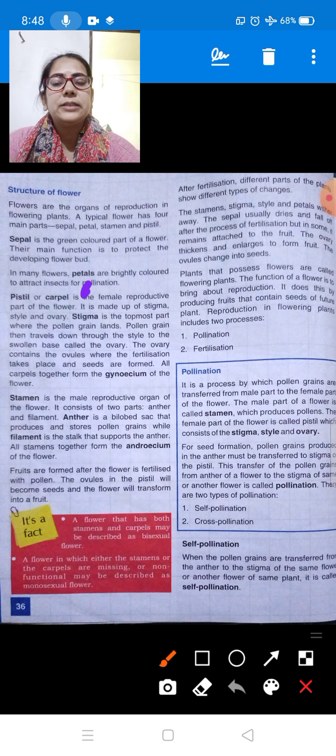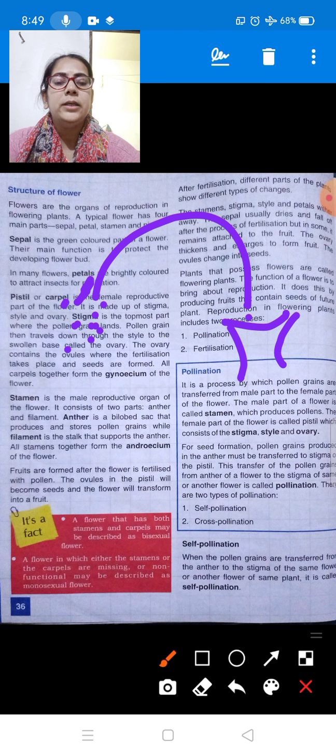Pollination is the transfer of pollen grains from the anther to the stigma of the flower. This is the stigma.